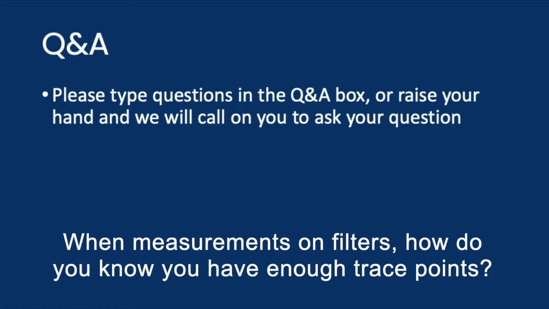If you set up a segmented sweep, you can break down the response of the filter into those different regions, pick the number of points you want in that region, as well as the power level and the bandwidth that you want to use for evaluating it, and pick a different set of hardware settings and numbers of points in that transition region. So that's really the best way to optimize a filter sweep and get the maximum instrument performance and speed out of that measurement.